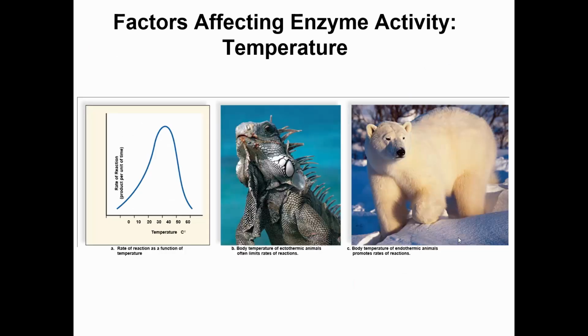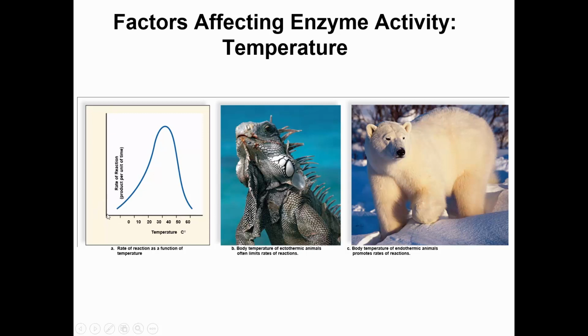Finally, we get to one of the more exciting aspects of enzymes. And what we see is this, that this explains many things that we see in the natural world and within our body. So the rate of an enzymatic reaction is impacted heavily as a result of temperature. And we always see this bell-shaped curve that we see over here on the left. So on the x-axis, we have temperature, and on the y-axis, we have the reaction rate.